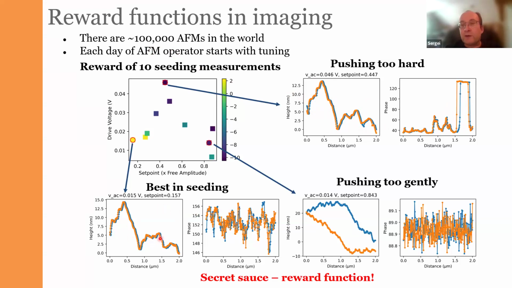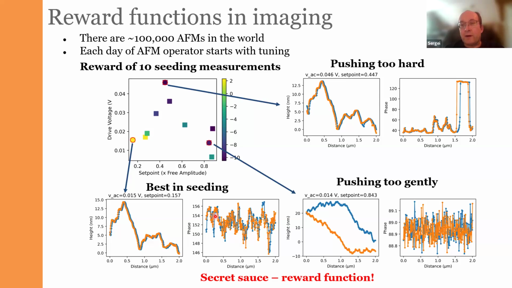So can we use machine learning or Bayesian optimization to make the microscope optimize the scanning by itself? The interesting part is that from the point of view of the Bayesian optimization, this is not super difficult. Bayesian optimization in the 5-dimensional space is actually a straightforward problem.